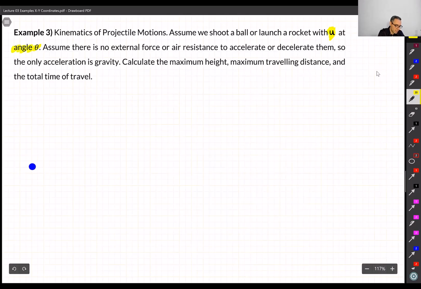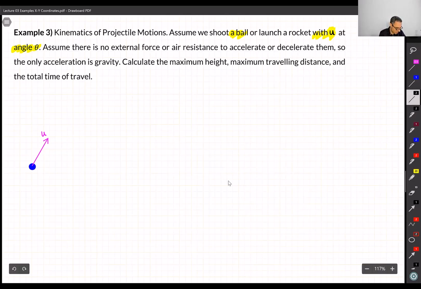So maybe this is my initial speed, let's call it u. This is all the information that we have. And the question is asking us to find how high it goes up and what distance it travels.